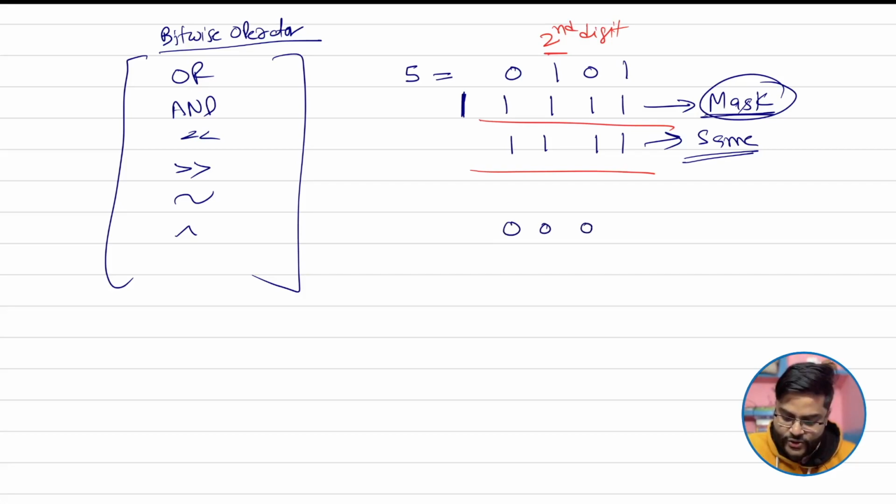If I take 0 0 0 0 as the mask, I'll not get the answer. If I take 1 1 1 1 as the mask, I'll not get the answer. But why am I taking all zeros and all ones when I want to find the value of only this bit, correct?